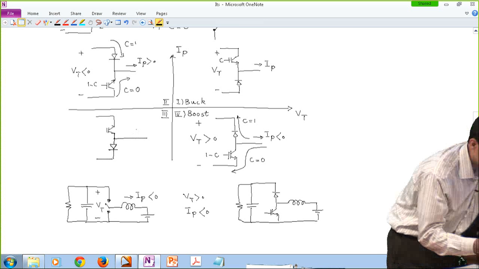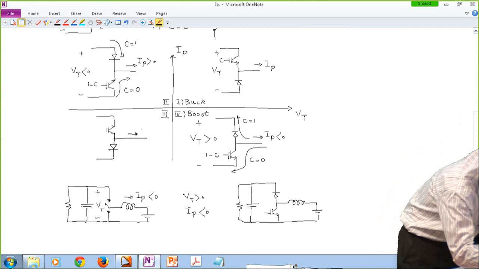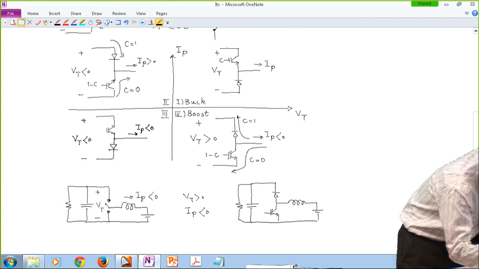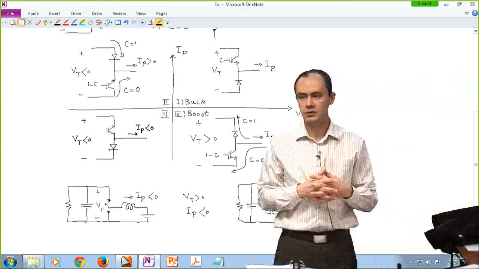Compared to the diagram above, the second quadrant, I just swapped the place of the diode and the transistor. Because all I did was displace them in terms of voltage, we don't have a problem.